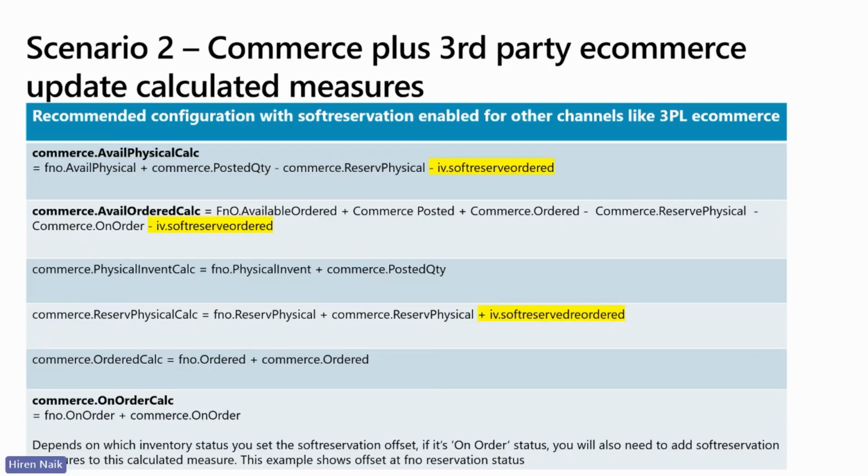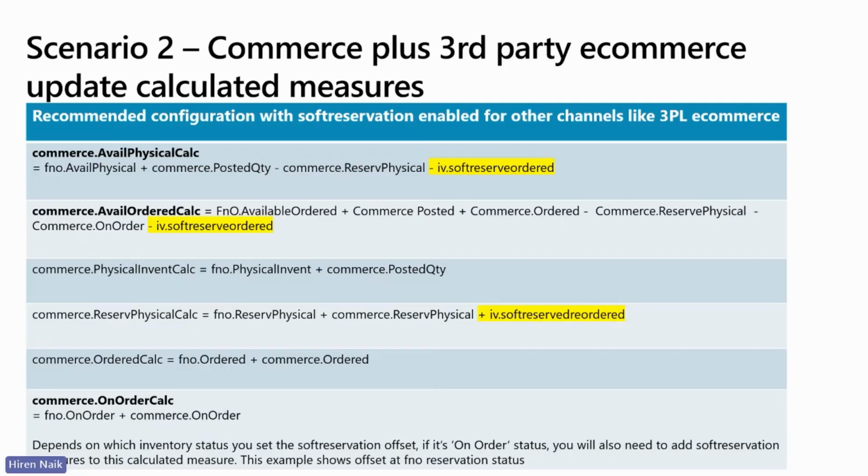In this case, as mentioned previously, your third-party e-commerce will post the soft reservation, whatever ordered quantity, into the soft reserved measures, that is IV.soft reserve ordered measures.